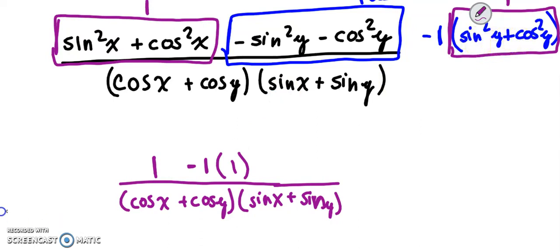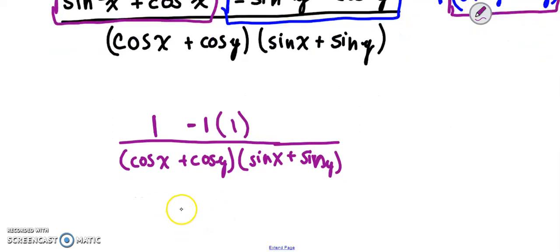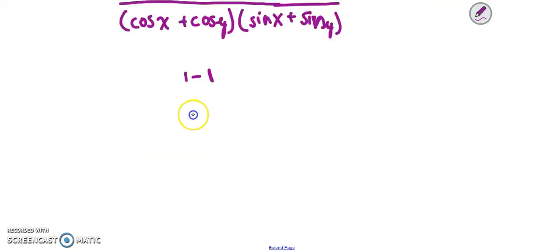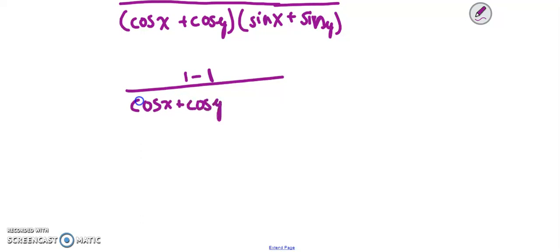All right, so then the last part is you have on top 1 minus 1. On the bottom, you still have all of that going on. Now, again here, I didn't multiply that out because I could see that that's probably not going to really help us with anything. That's why we didn't factor the denominator out. But if you look at 1 minus 1, we get 0 for our numerator.